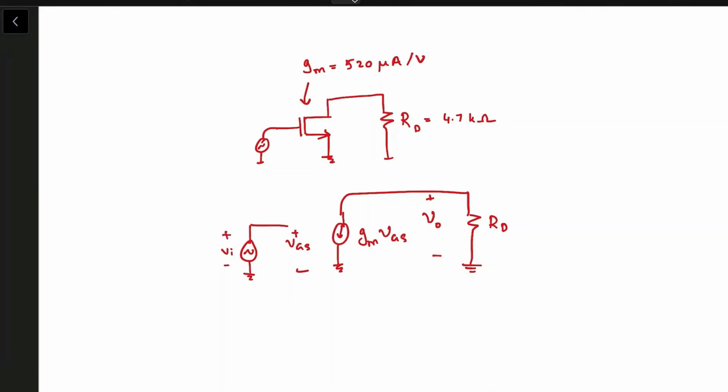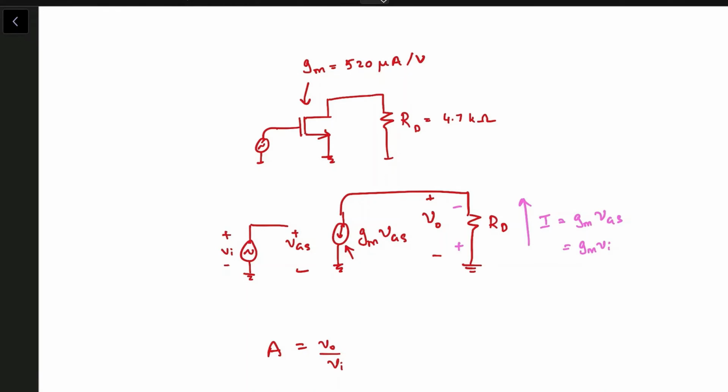This is V in, and A is V out by V in. So current I is equal to GM VGS, flows like that, and since VGS is Vi, we get that the current is GM Vi, and so therefore a voltage drop like that is formed.